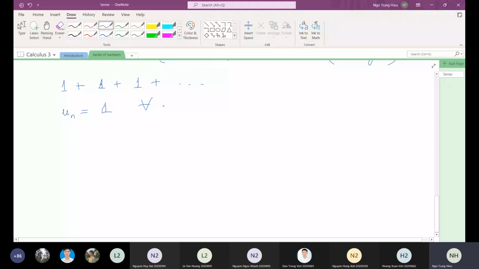And if we have Sn, we have u1 is 1 plus u2 and so on until un. So this partial sum is n. So if we take the limit of this partial sum, what is it?